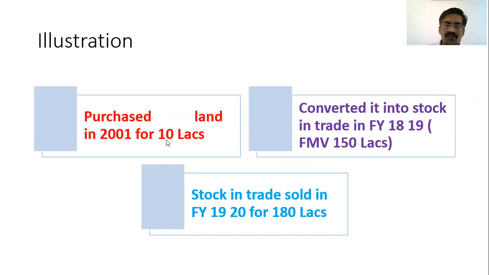Typically, what most of us will do in the examination is index this 10 lakhs by multiplying by 289 divided by 100. But though the taxable year of capital gains is 1920, transfer is over in 1819. That means I should index only up to 1819. So that is the interesting part of the question.